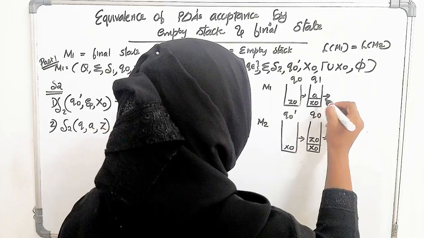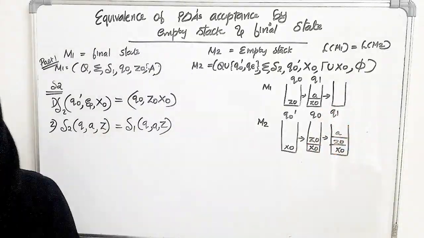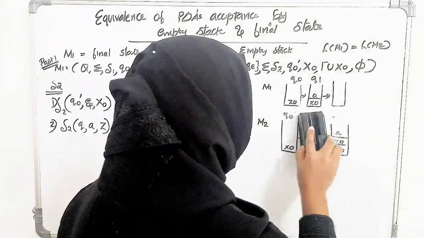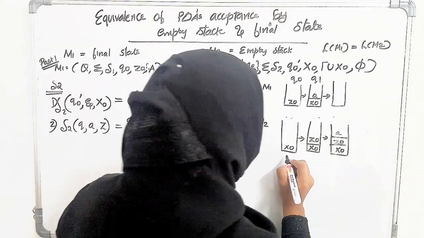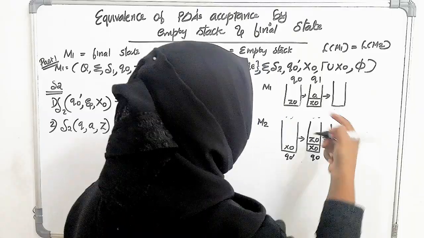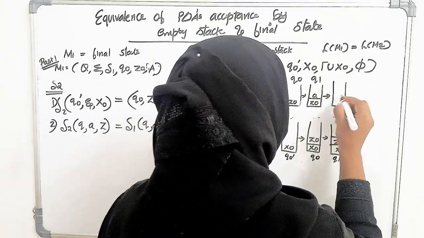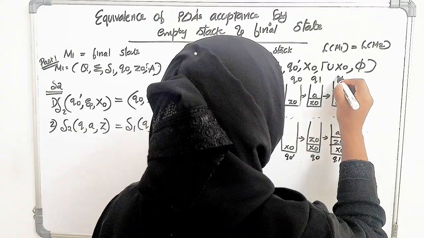Now if what M1 does next, I'll write these state numbers below: Q0', Q0, Q1. Now what if M1 pops this A off of the stack and goes to a final state QF?